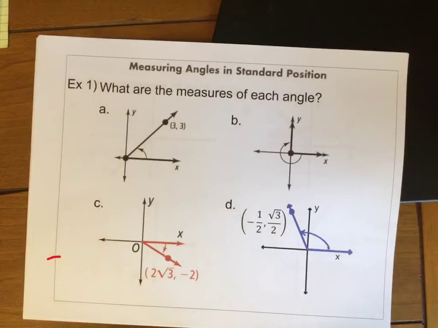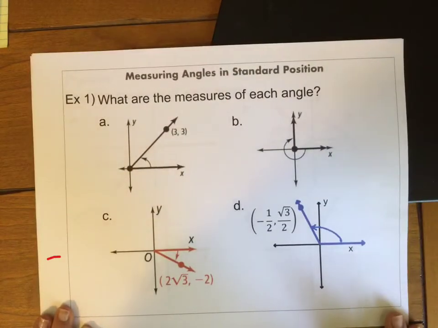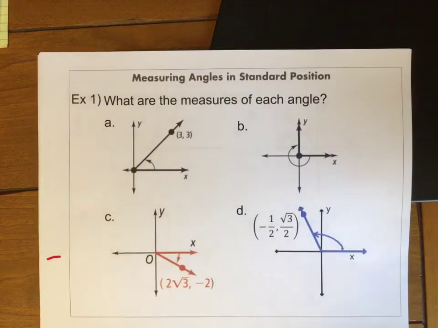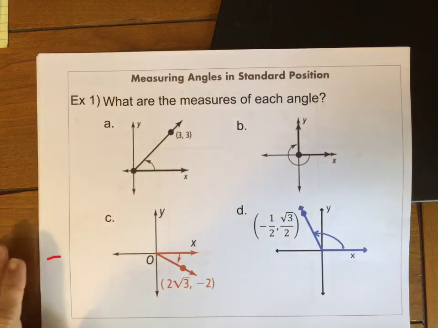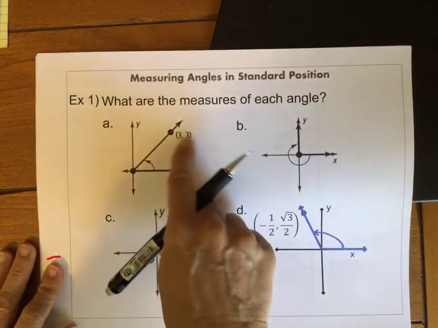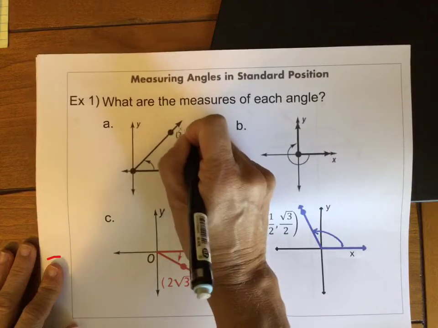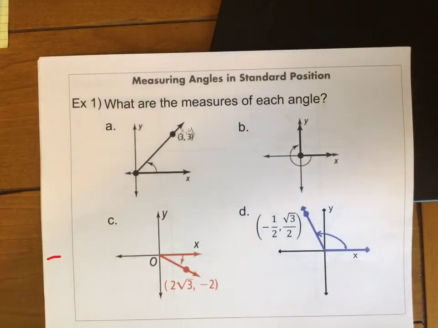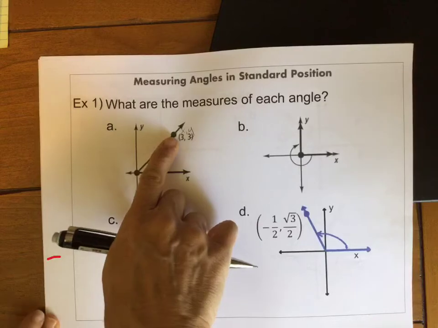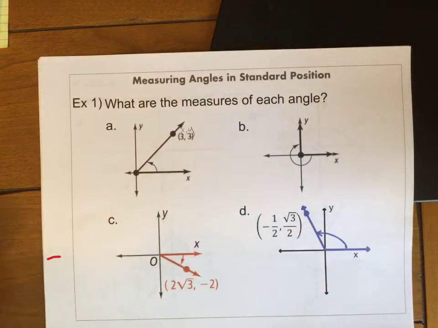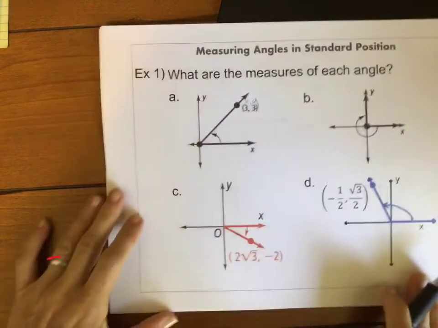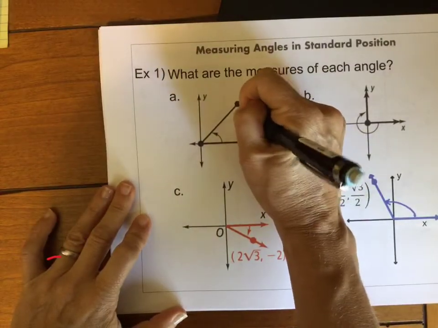Right. So we are going to use that initial side and that terminal side to find the measures of angles. We're also going to use a little bit of knowledge about our XY axis system and our special right triangles. So when you are looking at something and all they give you is your XY values here, you want to draw a triangle from the point that it's indicating down to the nearest x-axis, never to the y-axis, always down or up to the nearest x-axis.